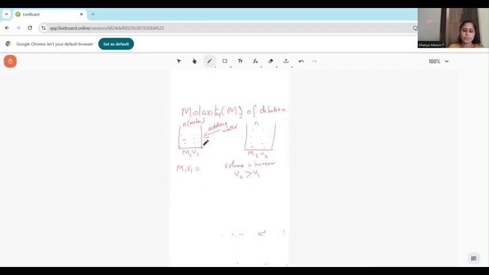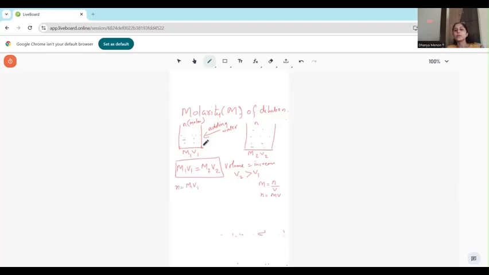Now, how did this come? You already know molarity is equal to the number of moles over volume of solution. So the number of moles is MV, right? In the first case, n is equal to M1V1. After dilution, what is the number of moles? M2V2.